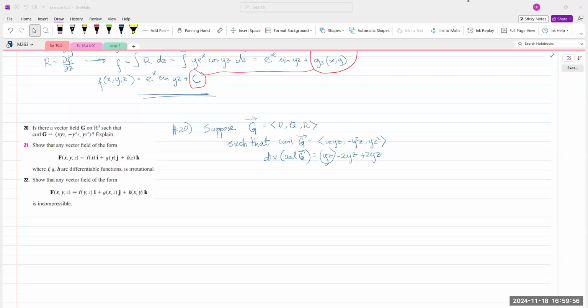Then we continue. This is the partial of this with respect to x. And this is not equal to 0, right? But the divergence of the curl of G, knowing that the second partial derivatives exist, is supposed to be 0.